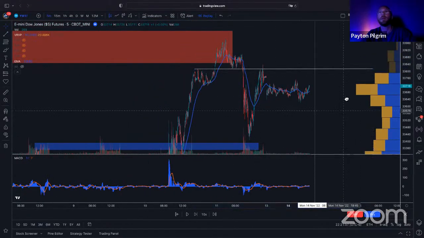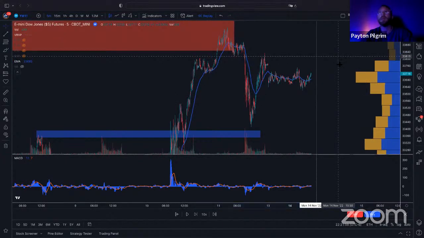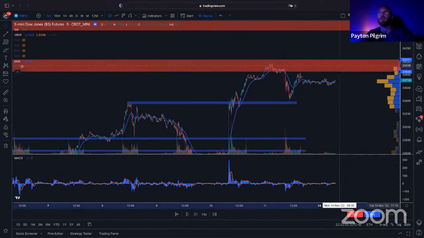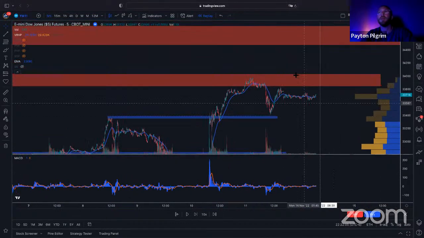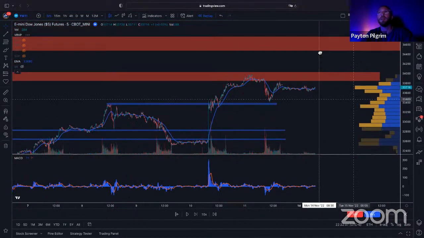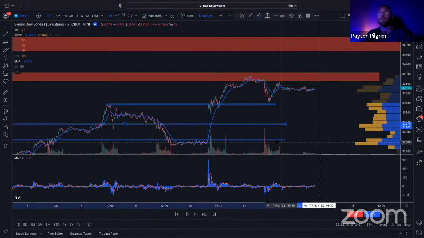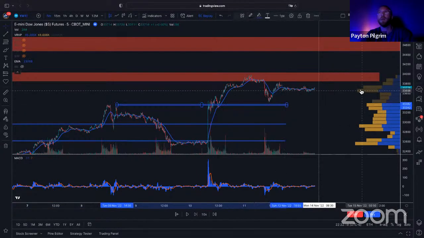That level's still good to hold, but I'm just gonna wait and see what it does. I'm not seeing much. I guess if it breaks above here, we're probably gonna see it launch up. Volume profile is kind of ugly. This level, this level, this level, and kind of where we are as a level. Just gonna make this that.